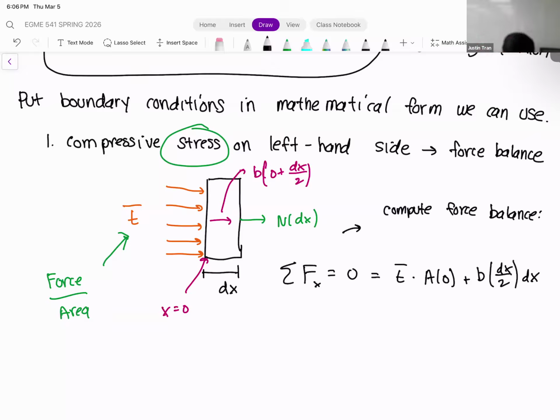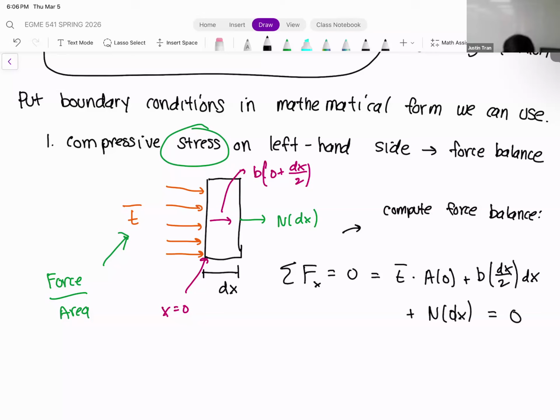And then to that, we're going to add n of dx. And that's our internal force that is coming from inside of the structure. First thing you notice here, everything is a plus, and so someone has a direction wrong. It's going to be the normal force.